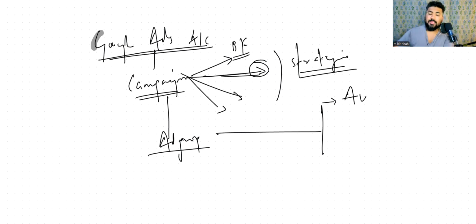Now, audience basically means, let's say, for example, if you have a list of all these people who have visited your website, who have done something like filled up a form, etc. on your website. So all of this is your data. So I'm just going to put it as website data. That's one type of an audience.